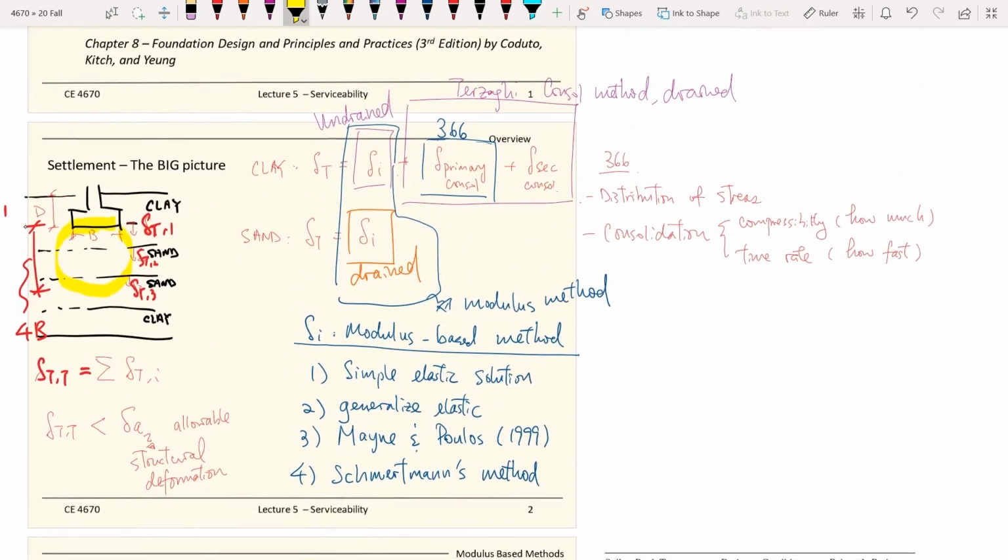It is very important for each scenario. Even when we talk about immediate settlements, should they be drained or undrained? Typically for clay, we will design for undrained behavior. But if you use drained parameters to do your clay calculations for immediate settlements, that's wrong.